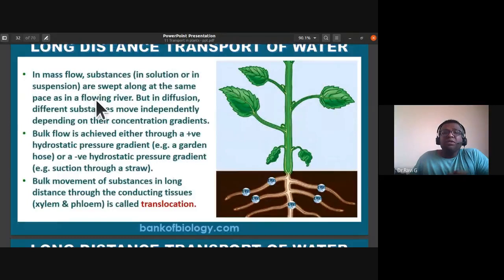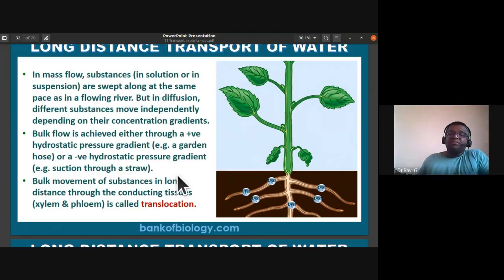In mass flow, what happens is the substances in solution or in suspension also move along with the water. It is just like substances floating on water, moving along with the river water.